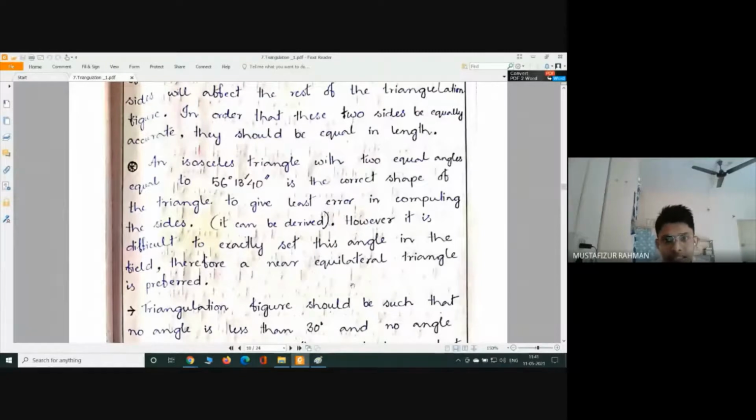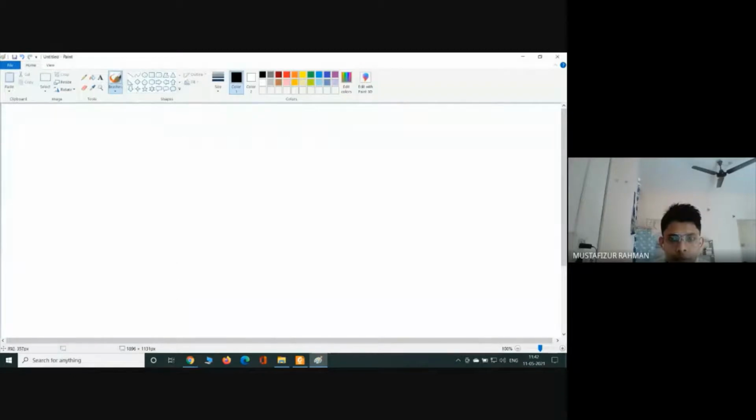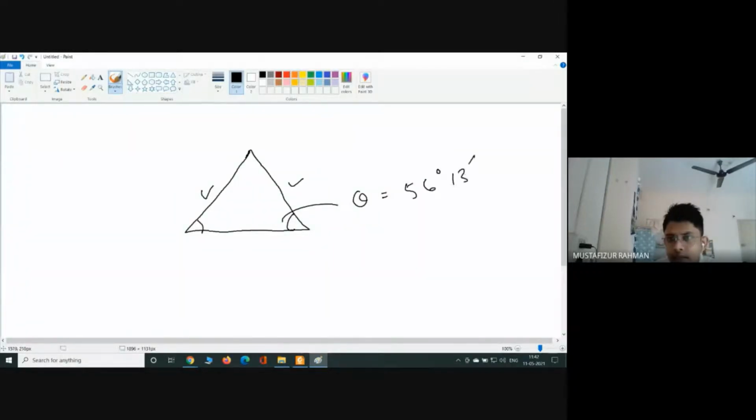An isosceles triangle with angle equal to 56 degree, 13 minutes, 40 seconds. If we can establish a network of triangles where two sides are equal, two angles are equal, the value of these angles being 56 degree, 13 minute, and 40 seconds.